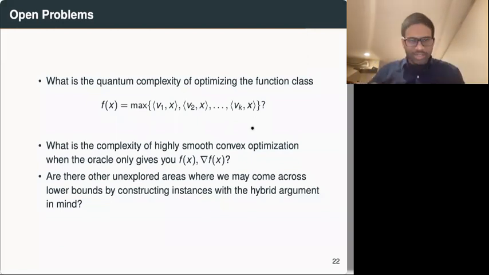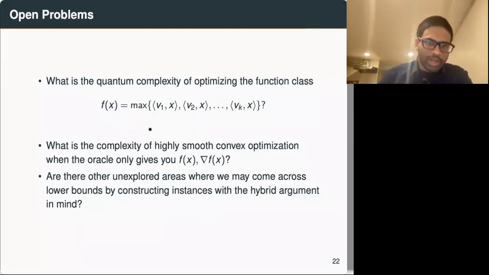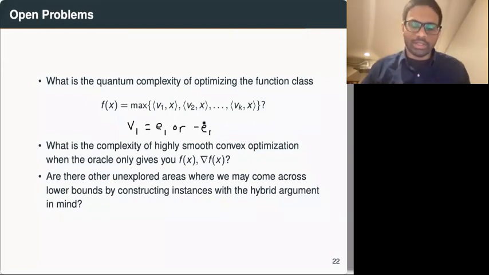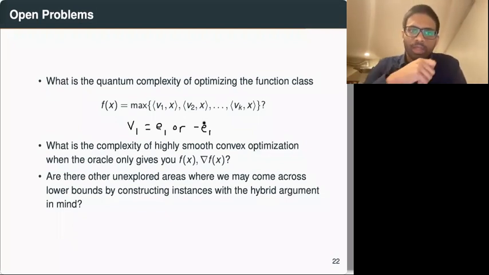Actually, I'll just take a few more minutes. Regarding this first open question, suppose we add an additional promise that either V1 is equal to E1 or minus E1. So each VI, you're promised that it's either the ith basis vector or the negative of that.